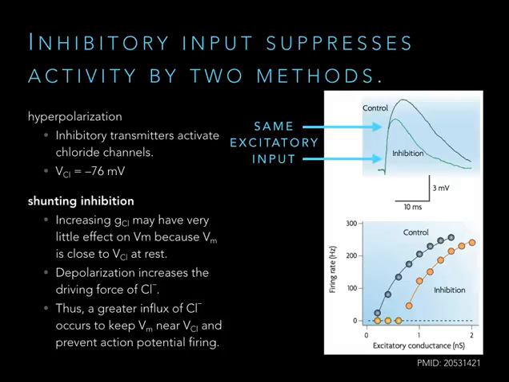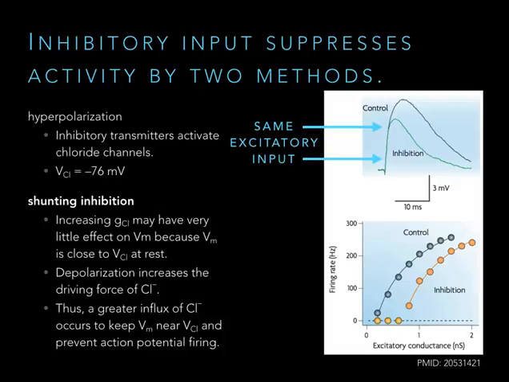If we now compare negative 76 to 60 millivolts, now we have a 16 millivolt driving force. And so as the neuron depolarizes, you get a greater driving force for chloride, and so this actually resists that depolarization. That's mostly what inhibitory input's about. There's some hyperpolarization that occurs, but that's largely reserved for potassium conductances. Chloride is mostly about shunting inhibition.